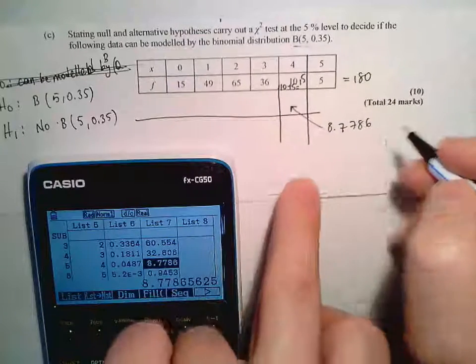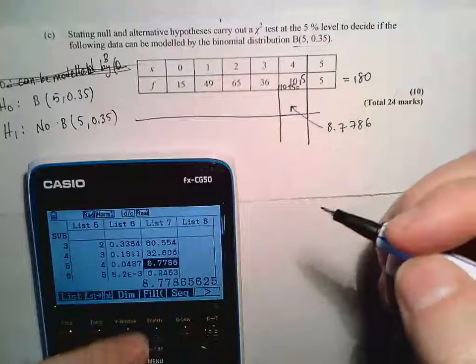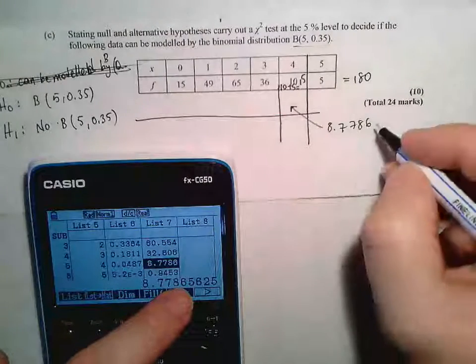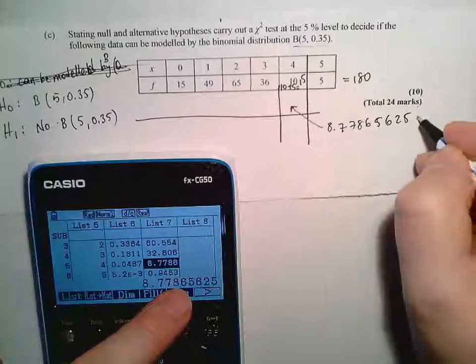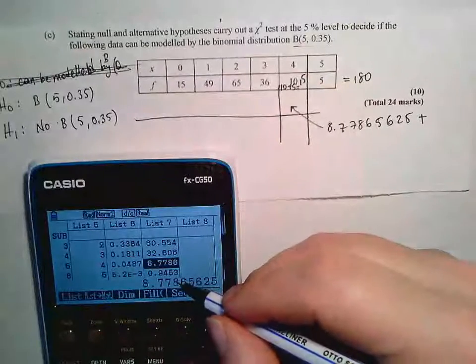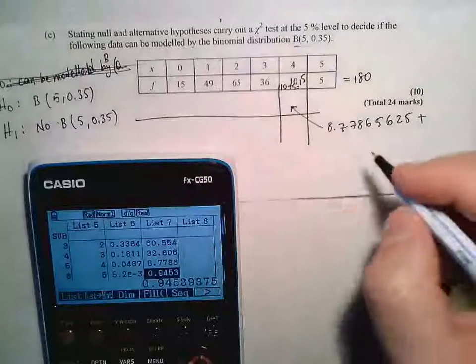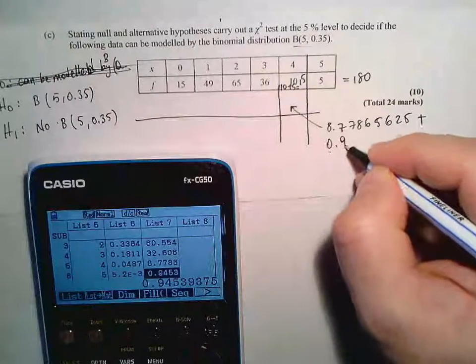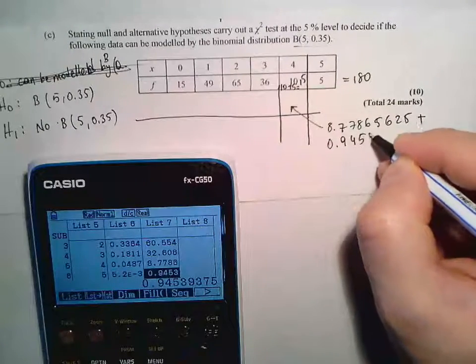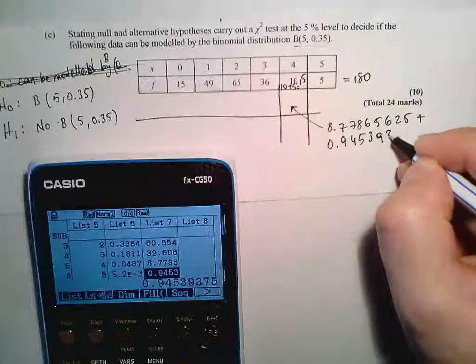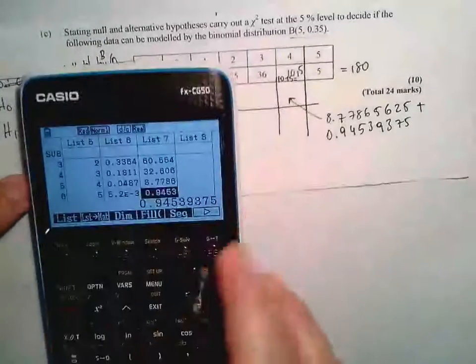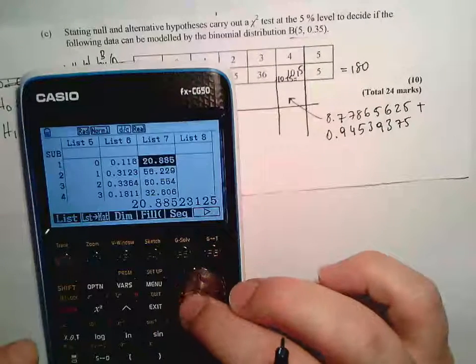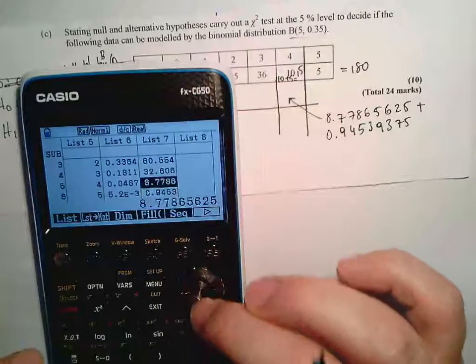Please write down all the numbers, because then your test is going to be very accurate. 5625 plus this value, the whole thing, 0.94539375. Let's do it over here then.